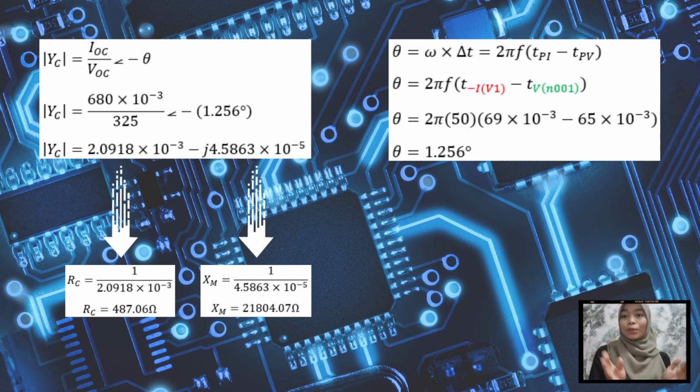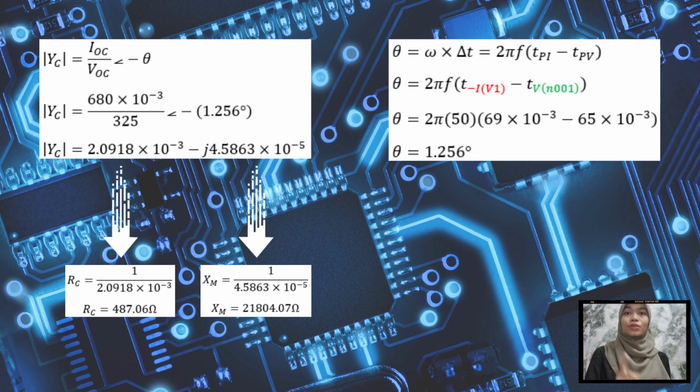degrees. From theta, we can get the values for RC and XM by using the equation modulus YC equal to the current of the open circuit test divided by the voltage of the open circuit test at angle negative theta.